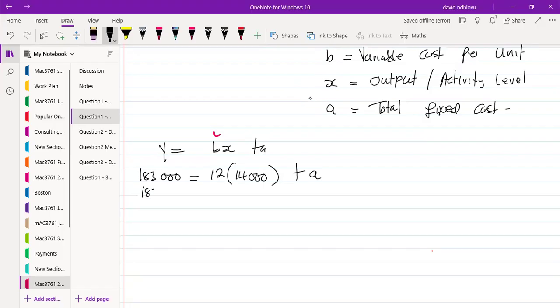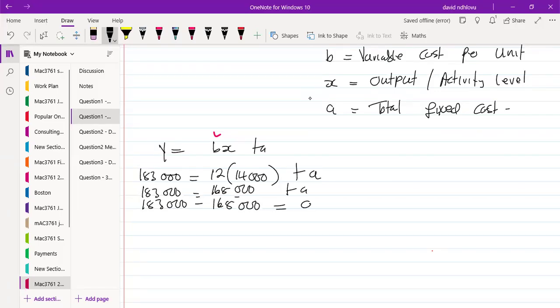So 183,000 here is equal to 14,000 by 12, which gives me 168,000 plus a. To make a the subject of the formula, 168,000 jumps the equal sign. It was positive, it becomes negative.